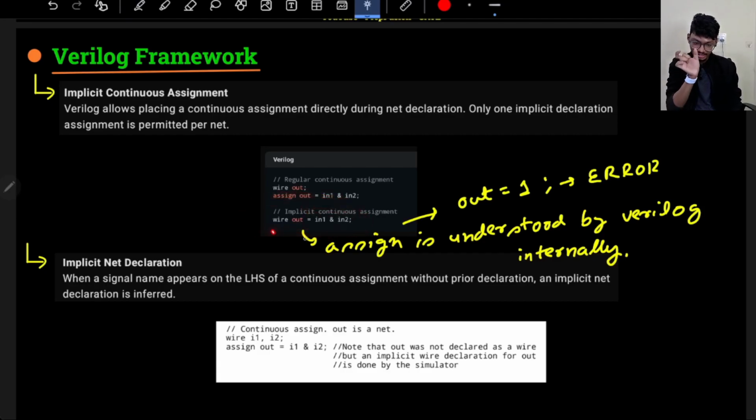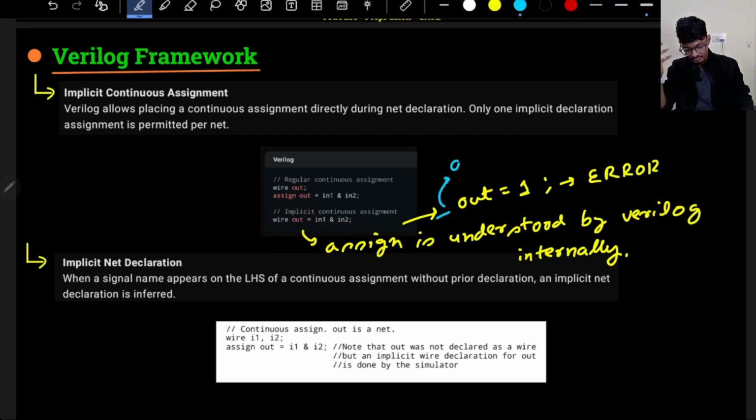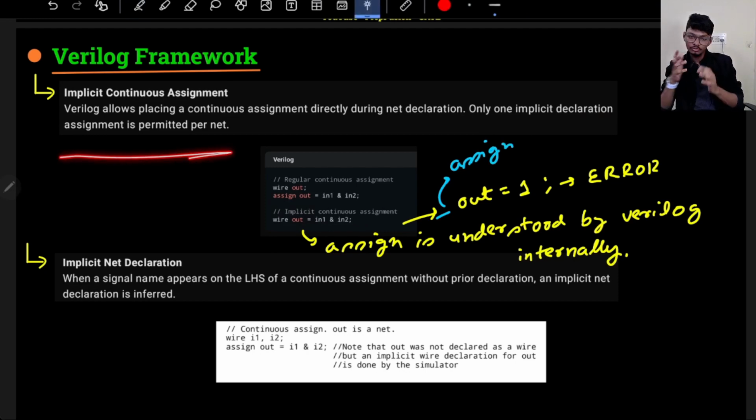While I am writing wire out, so I have a variable named wire out. Okay, while initializing, this is valid, I can do it without assign statement. But directly in the next line, if I write out equals to 1, Verilog will throw an error. How do I fix it? I have to write assign here. If I write assign here, then Verilog will not throw any error. So that's why it is telling once it is allowed, after this we are not allowed. After this we will not be able to do something like this.